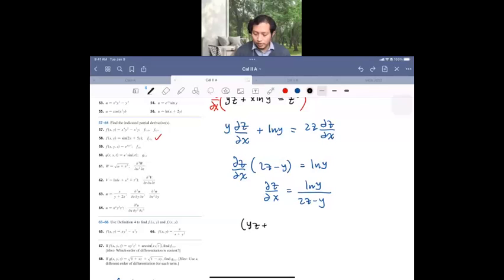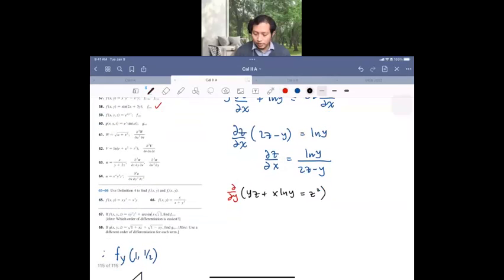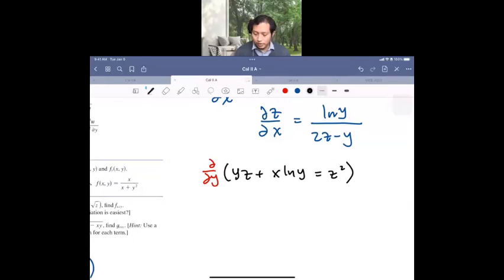Okay, now how about if we use y? I think I will just do it for you. And because these two are our functions, now we have a product rule, right? Product rule. So first is z plus y ∂z/∂y, right? And then plus ln y becomes 1 over y, so x over y.